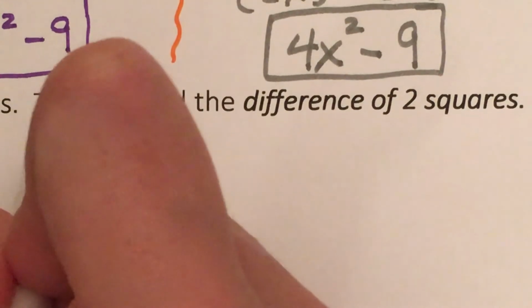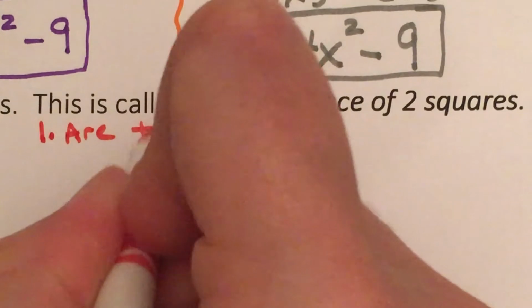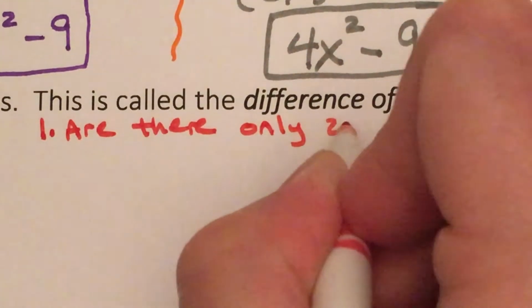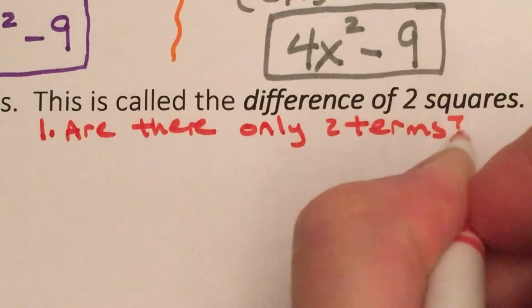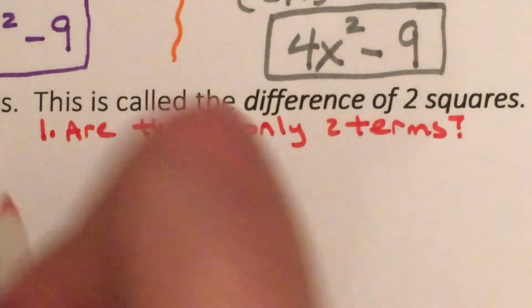So question 1, are there only two terms? Because there has to be just two terms.